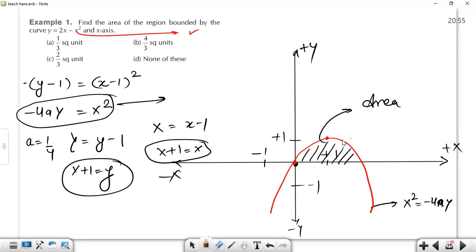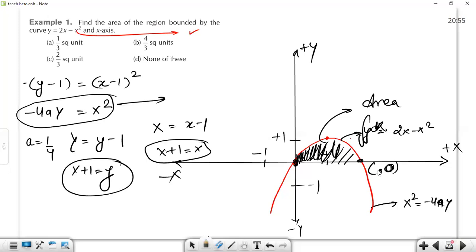Now the equation of this graph is known to us, that is y equals 2x minus x square. Now if this is the curve's equation, we can add up the small slices on the x-axis. So we can integrate it with respect to x from limit to limit. On this point we know that the y coordinate is 0.